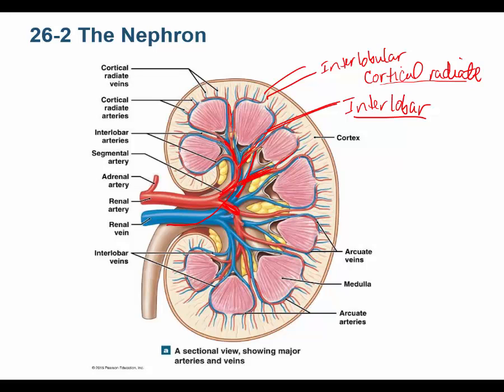This one here would be interlobar vein, and segmental and renal. Okay, that's true there. However, this one here would be interlobar, lobar, and then where it joins this one, you have segmental and renal.